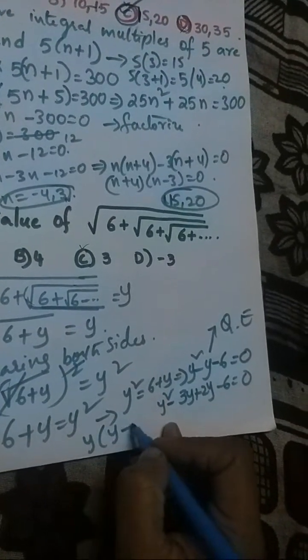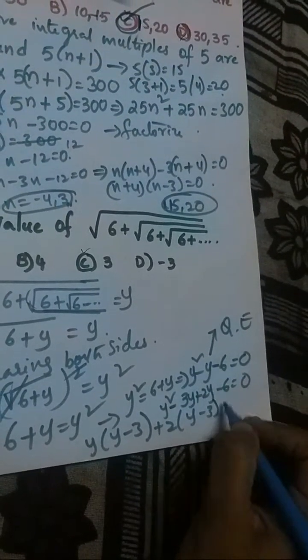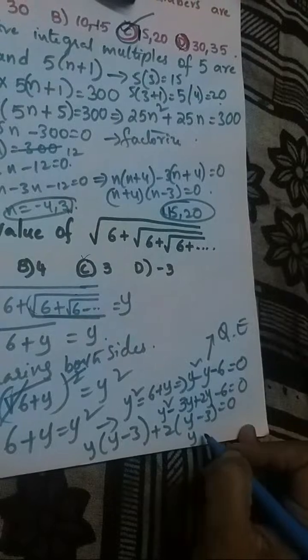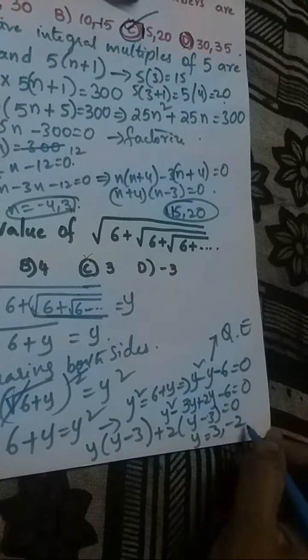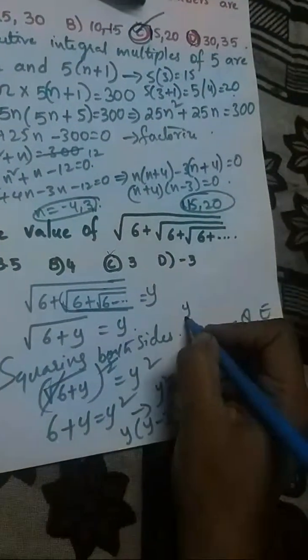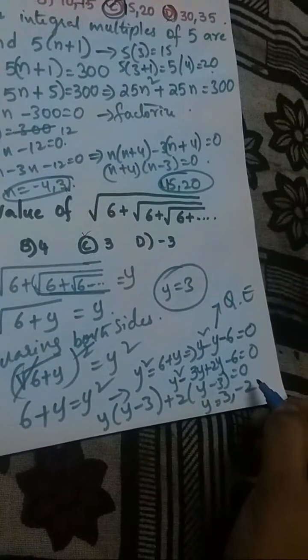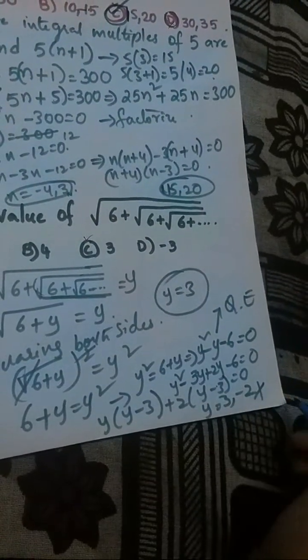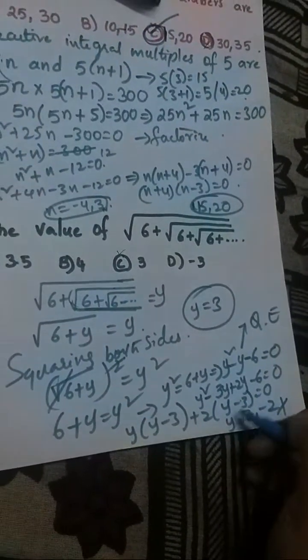Taking y common: y minus 3 and plus 2 common, y minus 3. So the y value is y equal to 3 here and minus 2 here. I am taking y equal to positive value 3. Y equal to minus 2 I am not taking, as it is a negative value, so take the positive value.